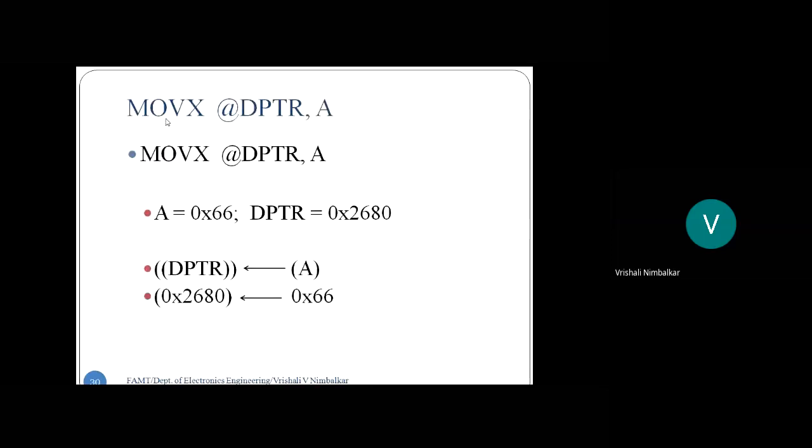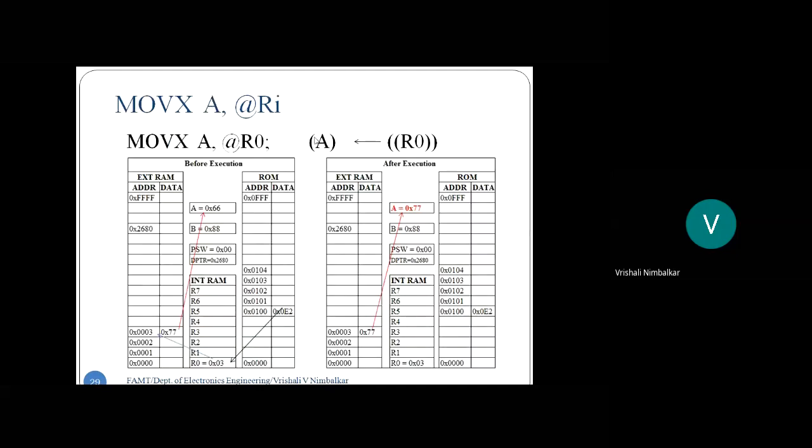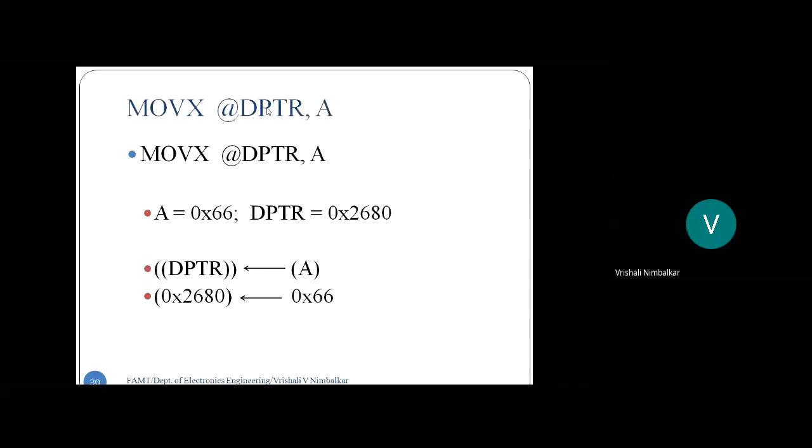Let us go to the next. Now MOVX @DPTR, A. The previous example was memory to accumulator, and now this example is from accumulator to memory, that is, microcontroller to memory. MOVX @DPTR, A, that's the instruction. So what does it do? Data from the accumulator is copied into the external RAM memory location pointed to by DPTR.